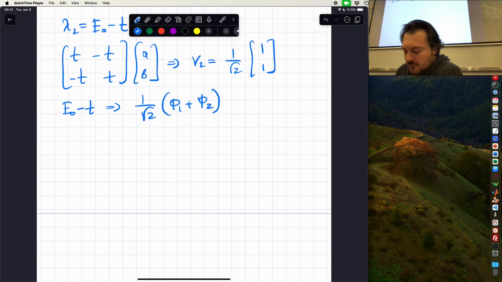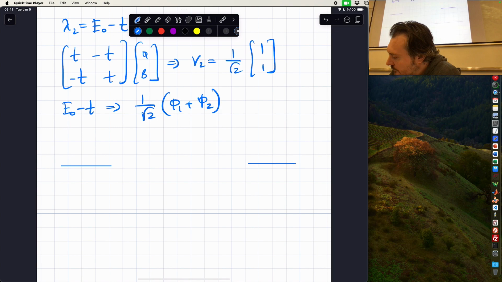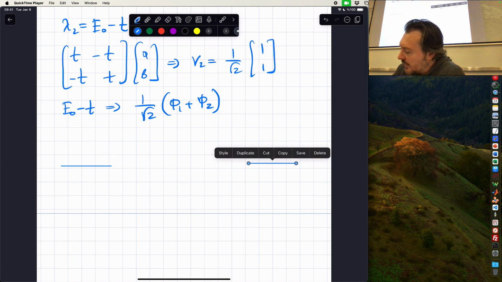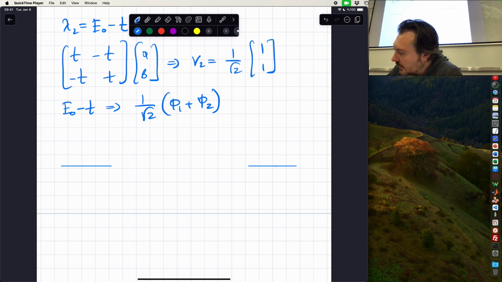Then we can draw a nice diagram of this. So these atoms by themselves had some wave functions like this, and this one is like that.